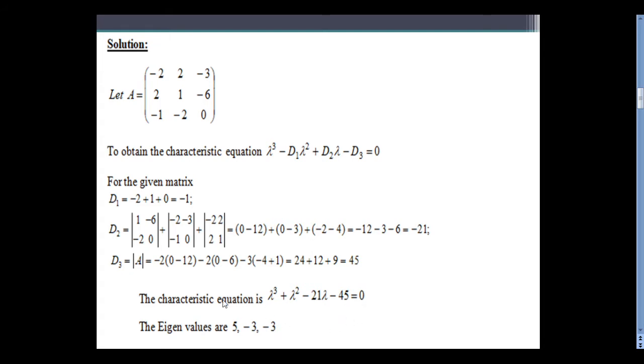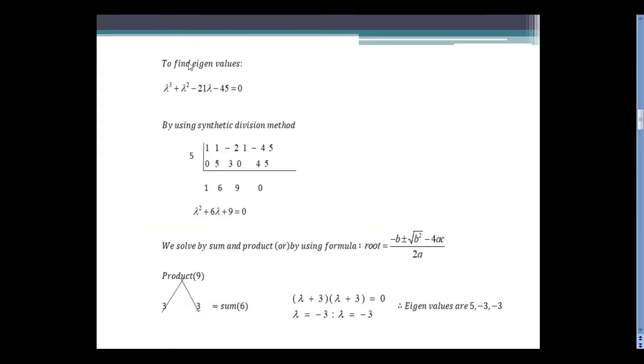Now we need to find the eigenvalues. So let us see how to find the eigenvalues. To find eigenvalues we write the equation. This is a cubic equation which can be solved by using the synthetic division method. So write the coefficients: lambda cube is 1, lambda square is 1, lambda coefficient is -21 and the constant term -45.